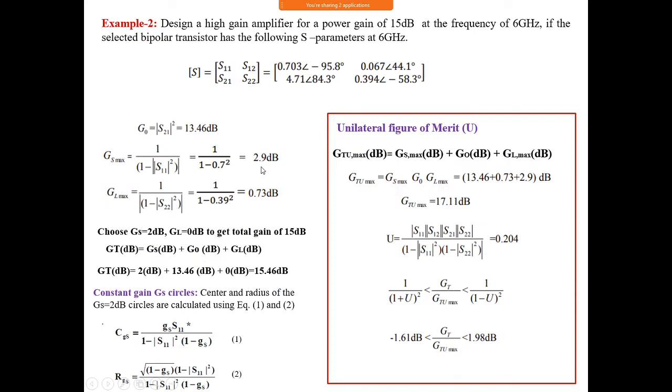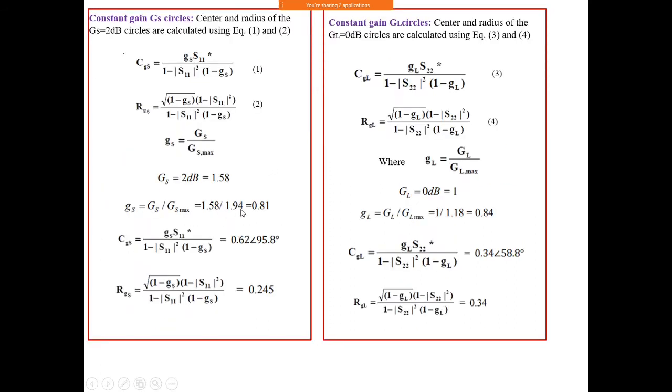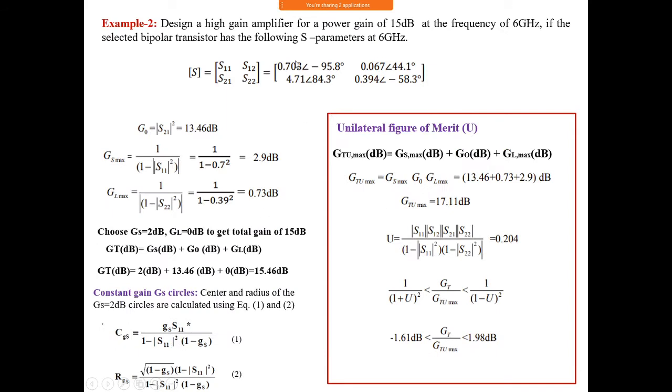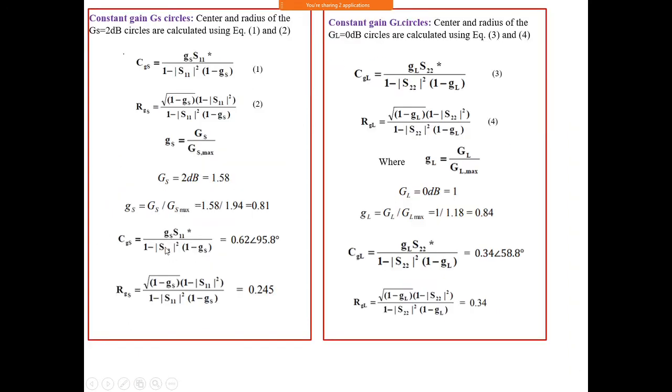If you convert this into a ratio, we will have 1.94. If you take those two ratios, you will have this GS. Substitute that in this equation. Here, S11 we know from the S matrix, so the magnitude of S11 is this. Using that magnitude and the GS value, we can calculate the center of the circle.